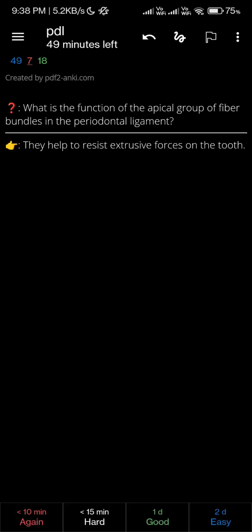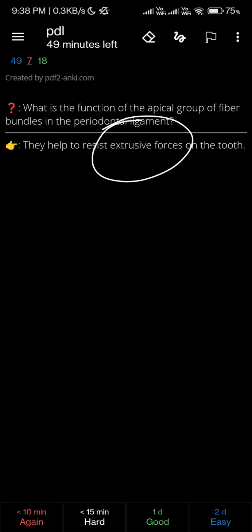So what is the function of the apical group of fiber bundles in the periodontal ligament? They help to resist extrusive forces and help to prevent tooth tipping.